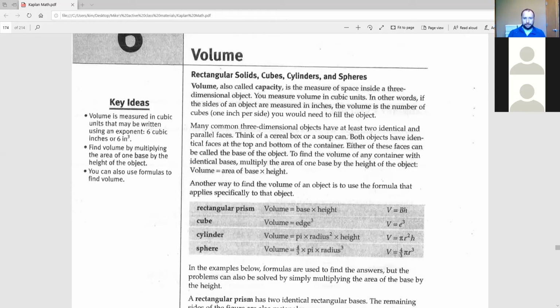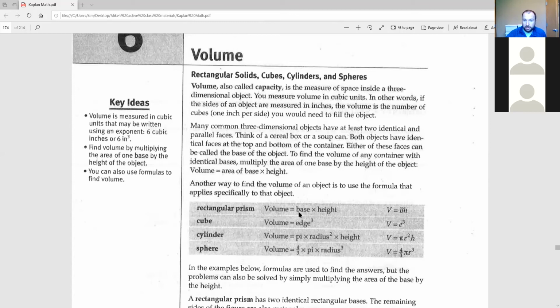But when we're solving volume, whatever is easier for you, if you look down here at the different formulas, so again, you get the formula sheet on the test. You don't have to worry about memorizing these formulas. You just need to know how to use them, right? But what I was going to say is, if it's easier for you, you can use the same formula to solve for a cube and a rectangular prism, right?